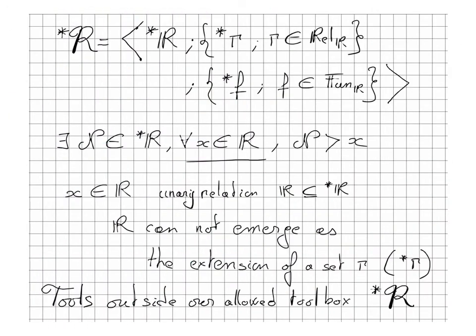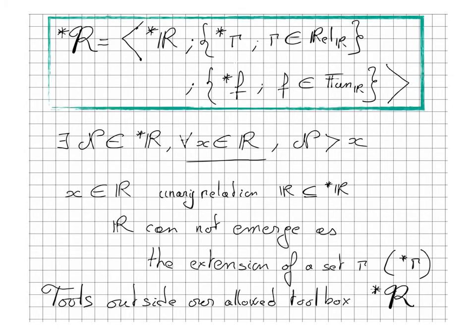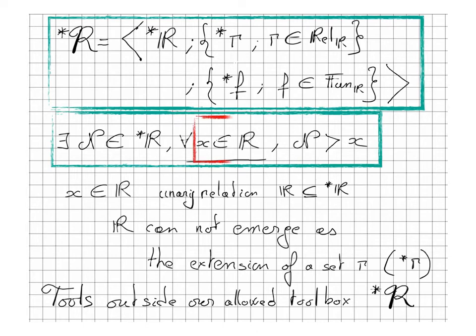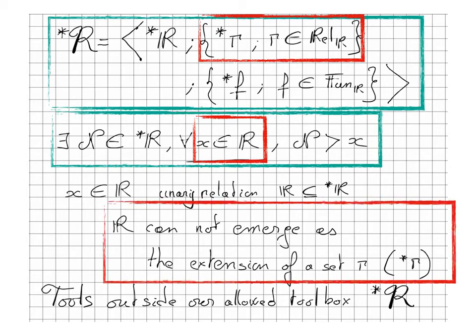Let us look at *R once again, and the sentence here. This expresses a unary relation, since R is a subset of *R. However, we see here that all relations need to emerge from the extension of a relation on R. The problem is that the set of real numbers cannot emerge as the extension of any unary relation.